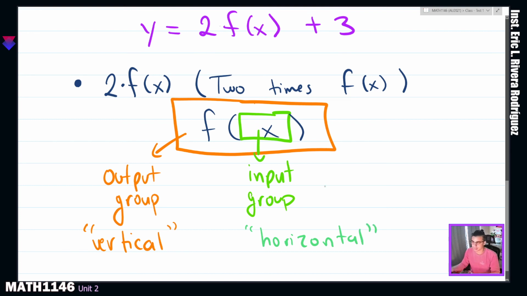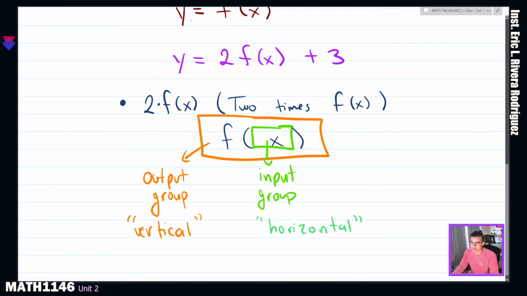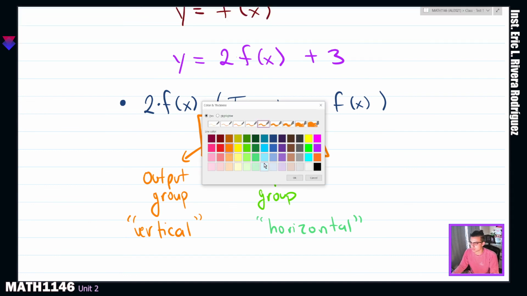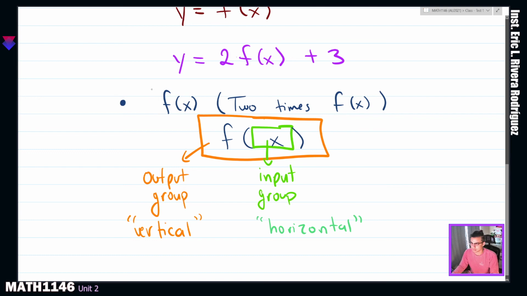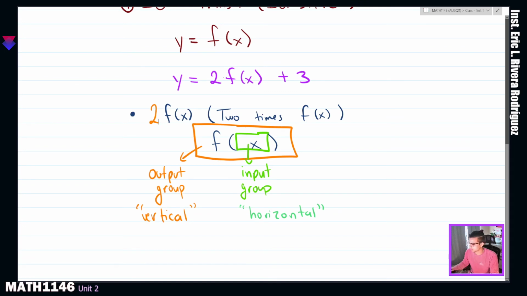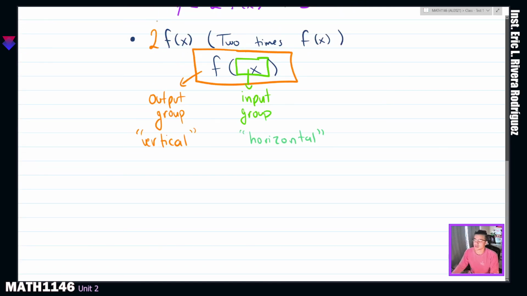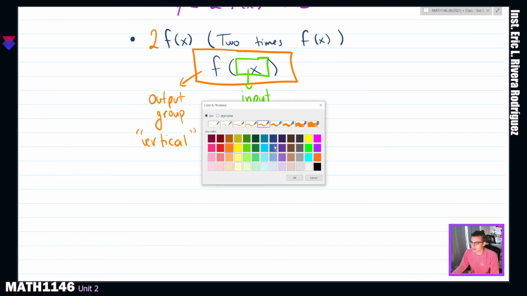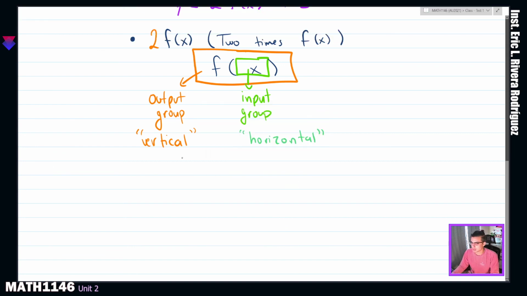All right. So now since 2 is, answer this on the chat, is 2 in the output group or in the input group? It is on the output. So 2 is on the output. So we know that we have a vertical transformation.